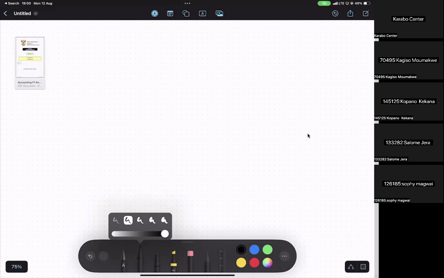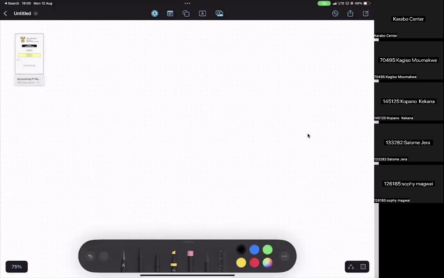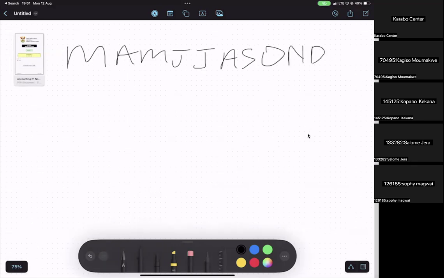It ended 28 February 2022, meaning it started in March: March, April, May, June, July, August, September, October, November, December, January, February. So this is 2021 and that's 2022.